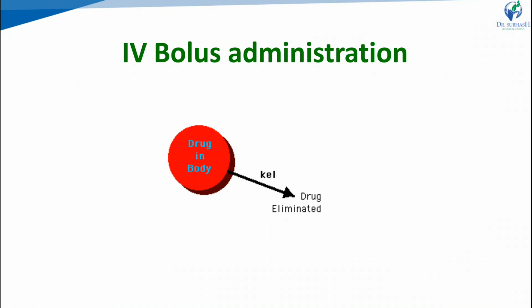We are not considering the absorption process; the drug directly goes for elimination. So the drug directly enters the body, is distributed into the body, and then goes for the elimination process.